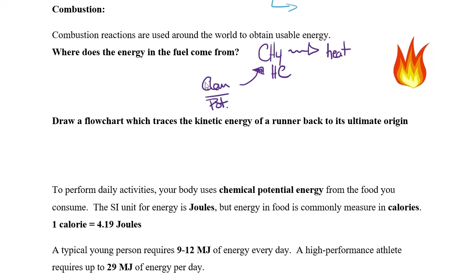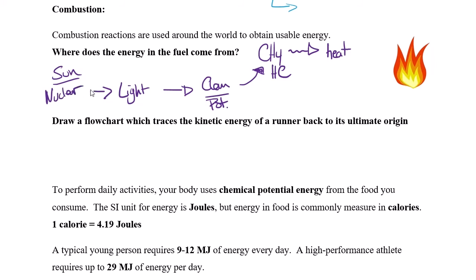And that chemical potential energy it obtained by doing photosynthesis. And through photosynthesis, it could convert light energy into chemical potential energy. And well, where did that light energy come from? Well, that light energy comes from the sun. And the sun is, of course, doing a nuclear reaction.